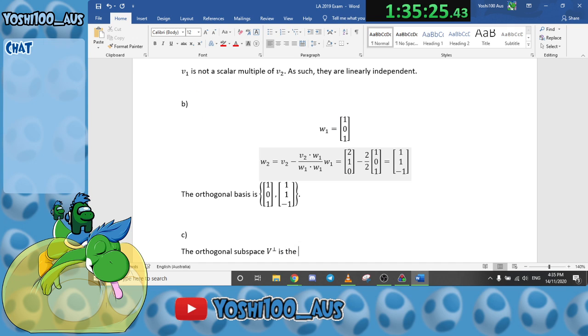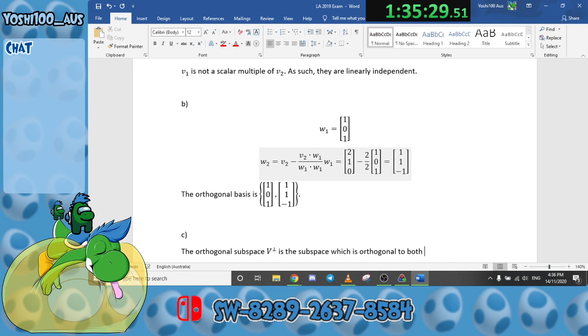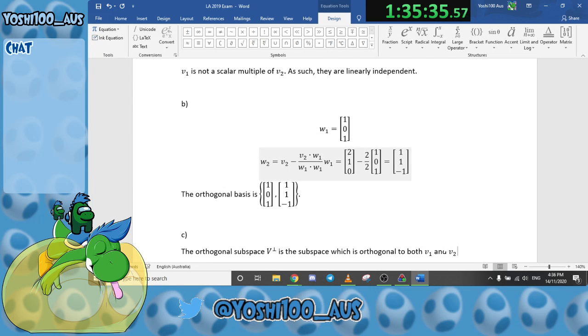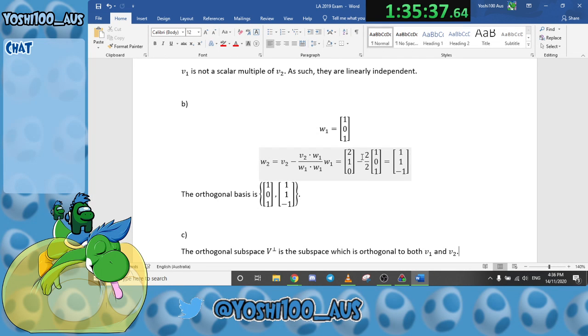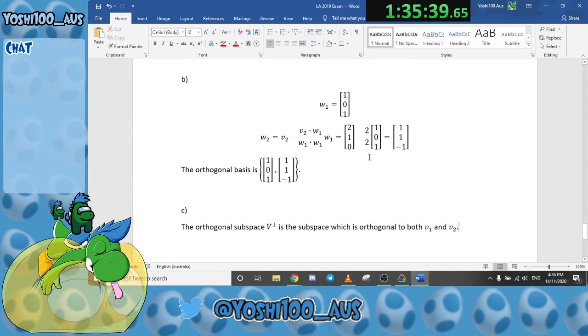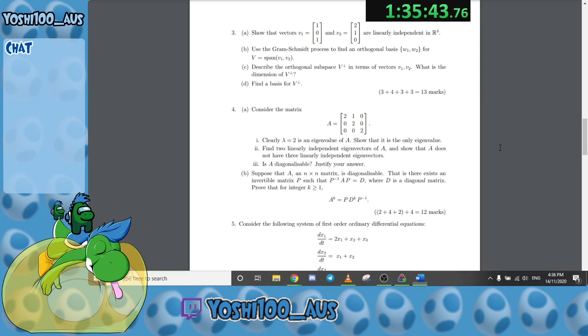The subspace which is orthogonal to both V1 and V2. That's orthogonal to both V... Hold on, does that make sense? I don't know if wording it like that makes sense.